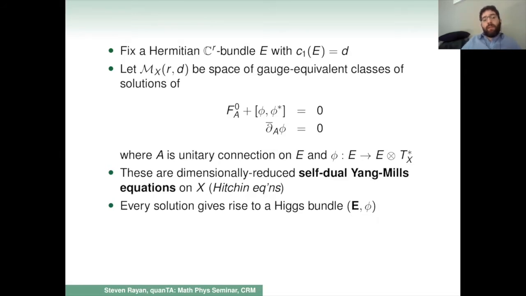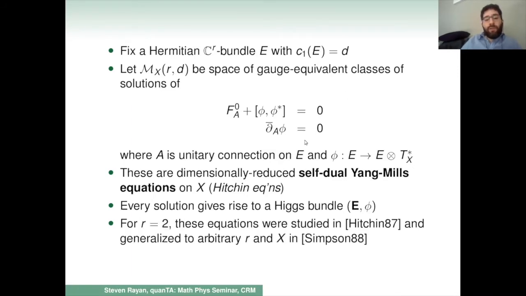Now, the key point here is that every solution gives rise to a Higgs bundle because, again, the unitary connection puts a holomorphic structure on the bundle, so I have a holomorphic bundle, and the second equation is telling me that phi is holomorphic. And so we get exactly the data that you saw on the preceding slide.